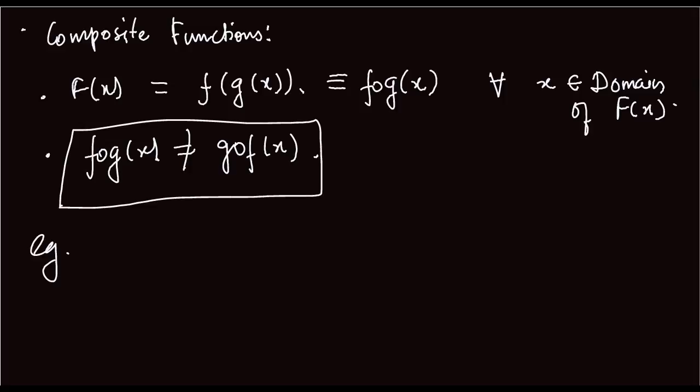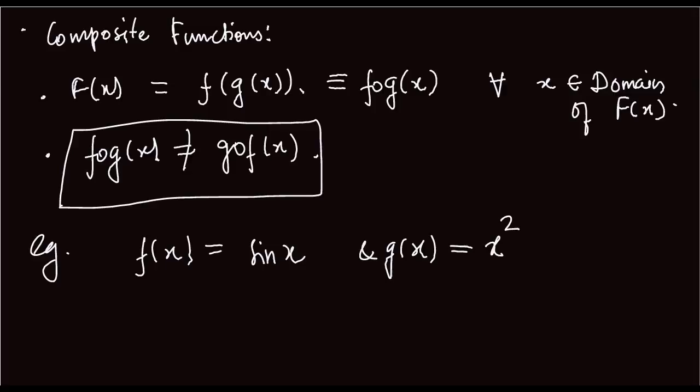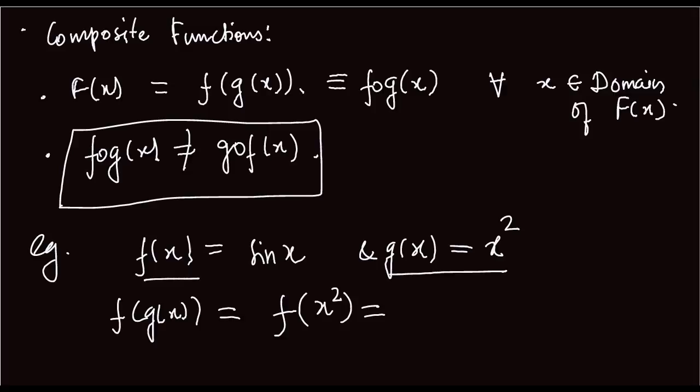Let's see an example. Let's say we have f of x is sin x and g of x is, let's say, x square. Okay. Now f of g of x will be what? g of x is x square. So f of x square. f of x is sin x. So f of x square will be sin of x square.